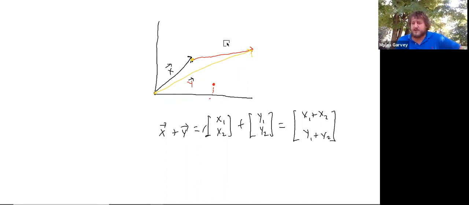Now, if we put a minus sign, we actually switch the direction of the vector. So if we had something like x minus y, then here's the vector y. We would go the other way with it. So the minus of the vector would look like that.